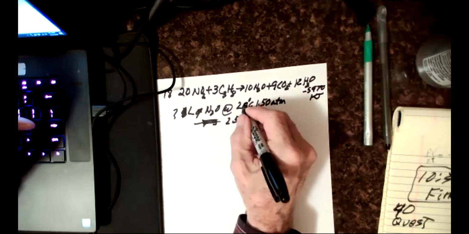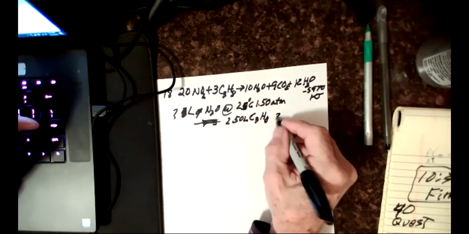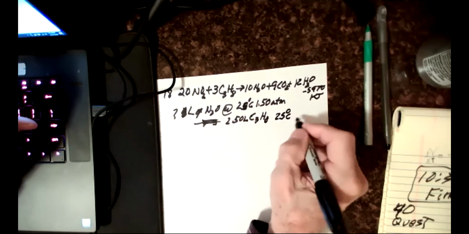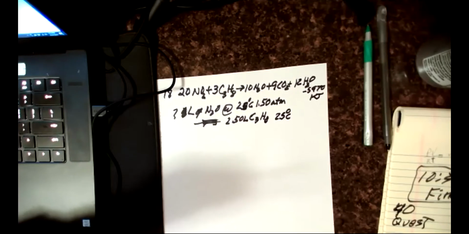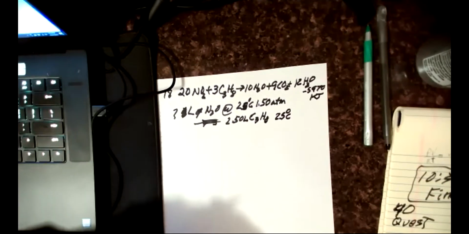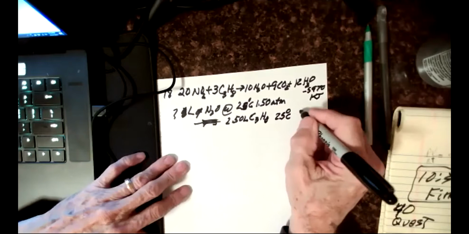That was 25 degrees up there too. At 25 degrees C, and what's the pressure? 1.5 atmospheres. Okay, now this is a good one.